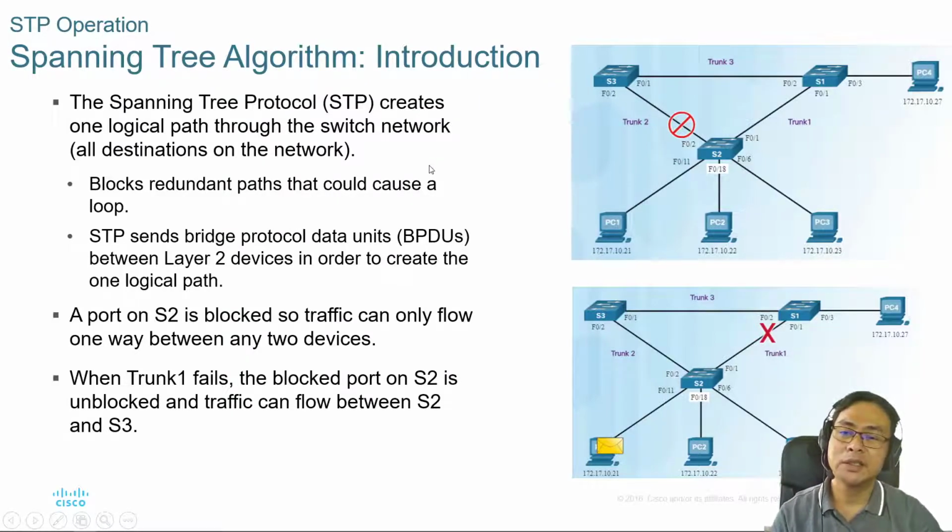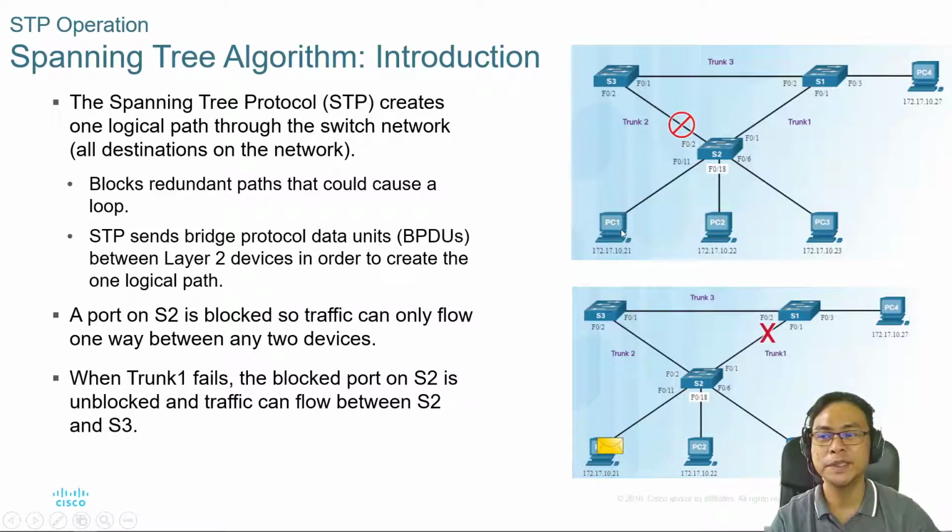So sabi nga dito, the STP creates one logical path through the switch network. One logical path. Sir, paano yon? Remember, for example, ito yung network nyo. There are two ways to go to reach PC4. If you are from PC1 going to PC4, there are two ways, di ba?